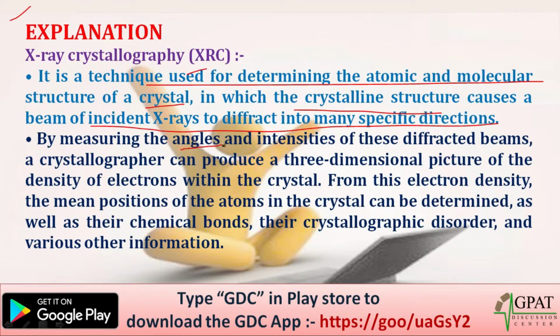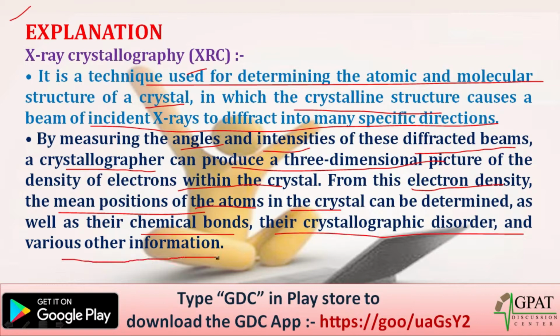that by measuring the angles and intensities of these diffracted beams, which are diffracted by the crystalline substance, a crystallographer can produce a 3D picture of the density of electrons within the crystal, and from this electron density the mean position of the atoms, or actually their structure, in the crystal can be determined, as well as their chemical bonds, their crystallographic disorder, and various other information can be observed with the help of this instrument.